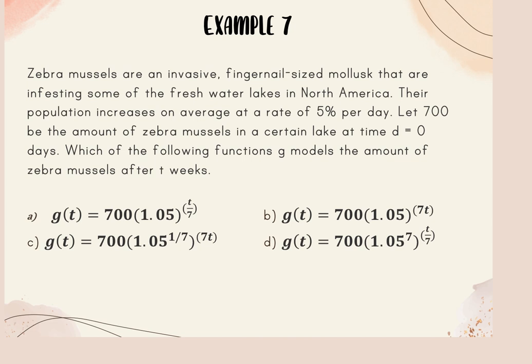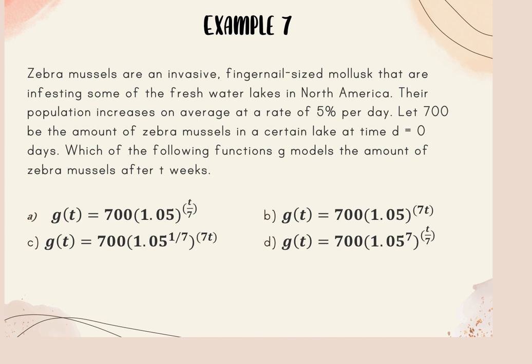Their population increases on average at a rate of 5% per day. Let 700 be the amount of zebra mussels in a certain lake at time D equals 0, so the very initial amount. Which of the following functions models the amount of zebra mussels after T weeks?